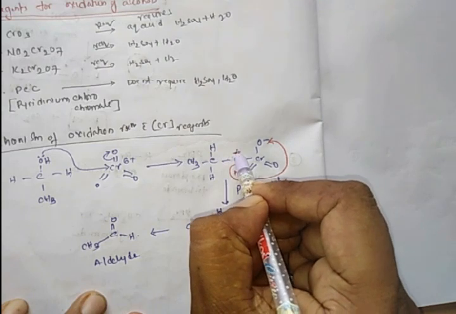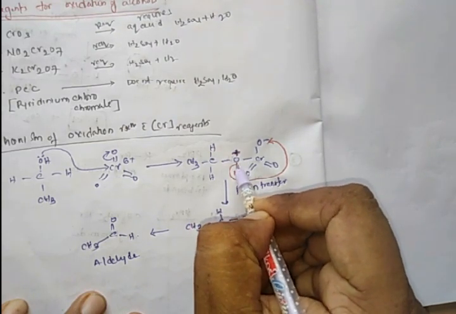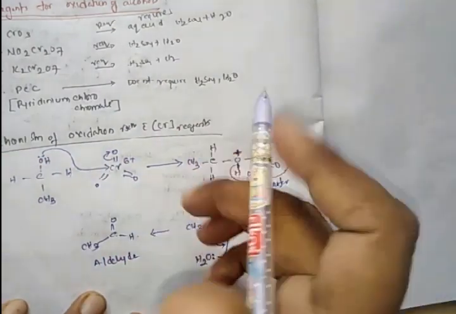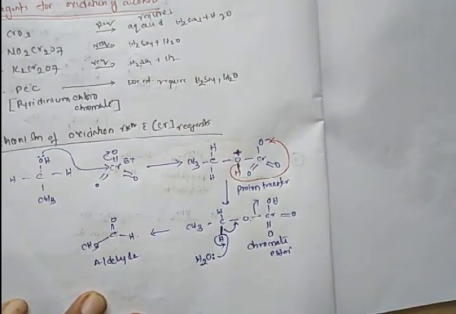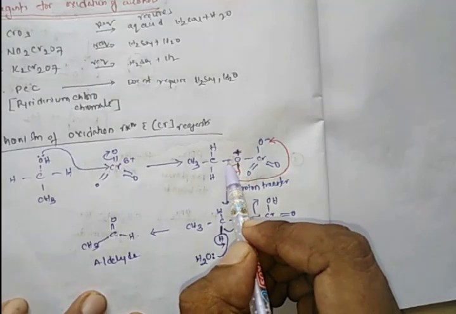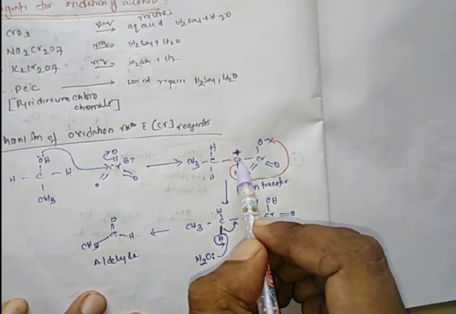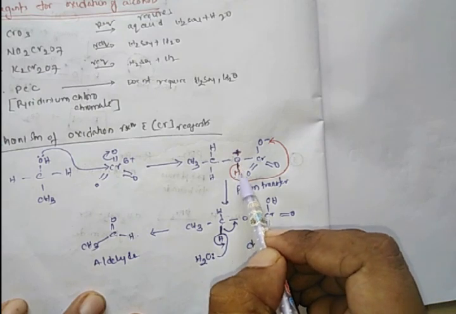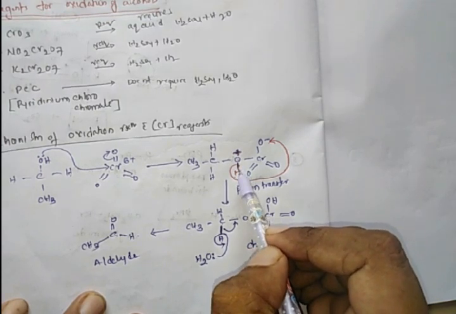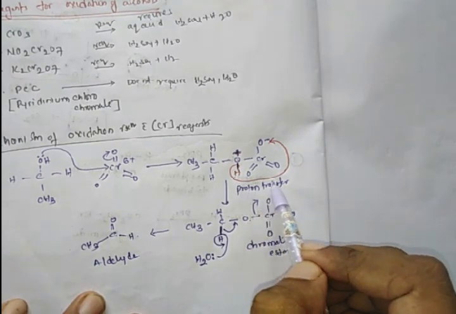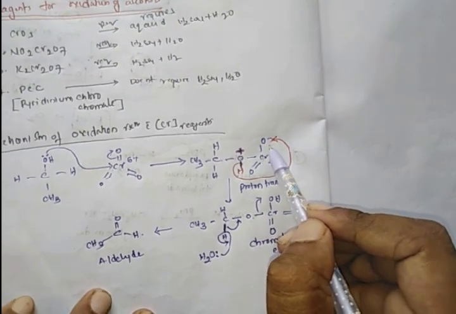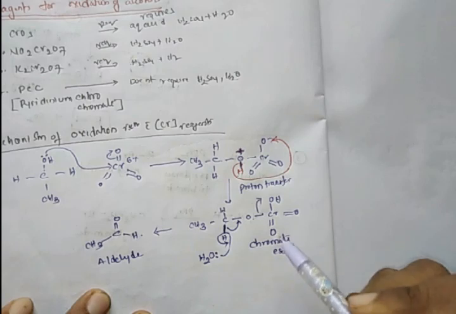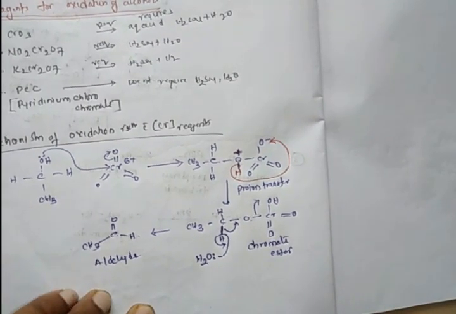This oxygen has 3 bonds, but oxygen doesn't want to have 3 bonds and doesn't want to carry a positive charge. Among the 3 bonds, carbon oxygen bond, oxygen chromium bond, oxygen hydrogen bond, this bond is a weak bond. So this bond will be broken and this proton will be transferred to this negatively charged oxygen atom and forms a chromate ester.